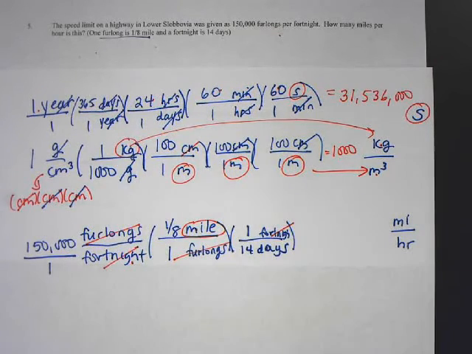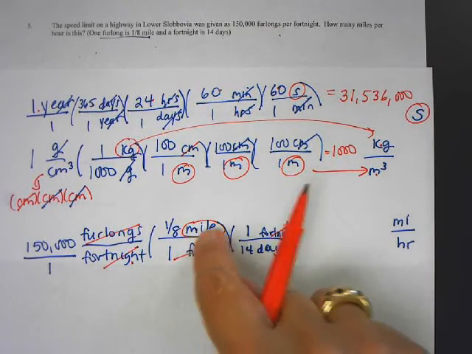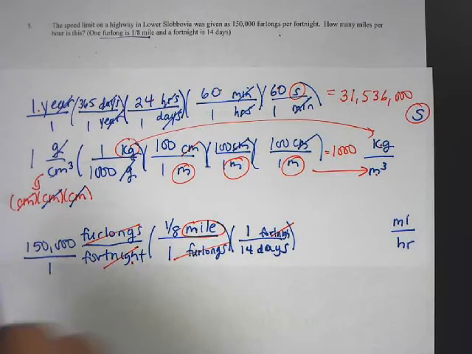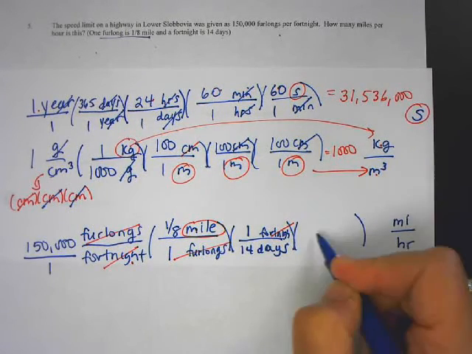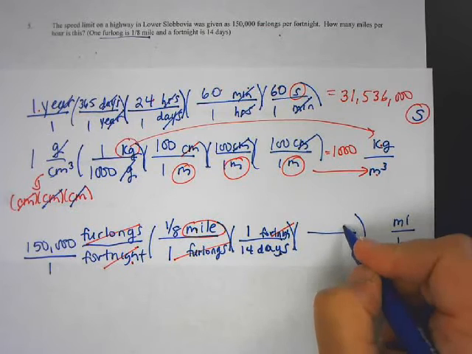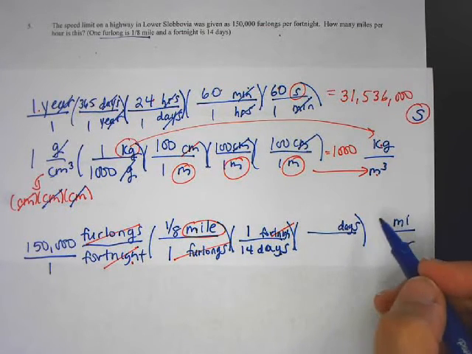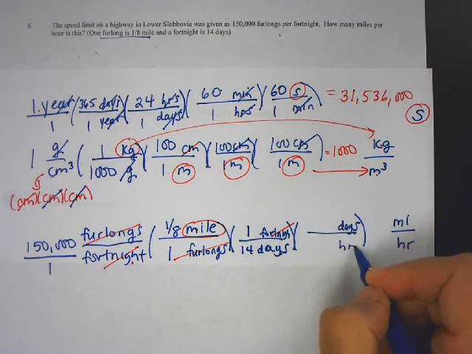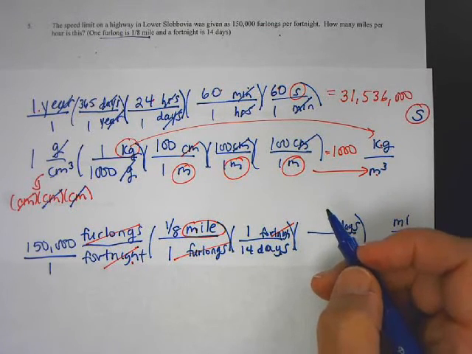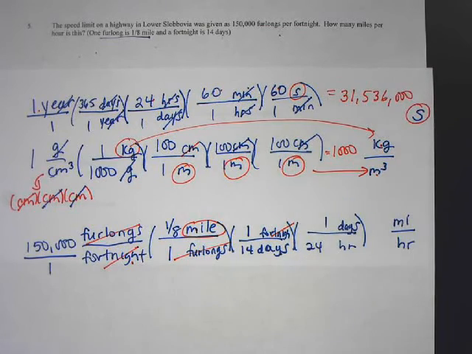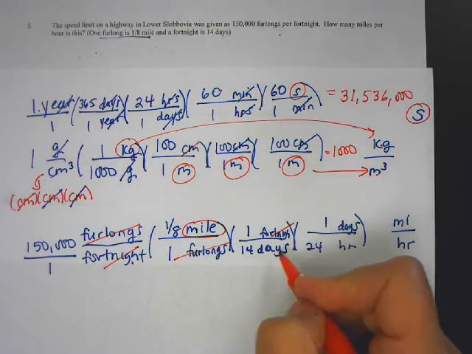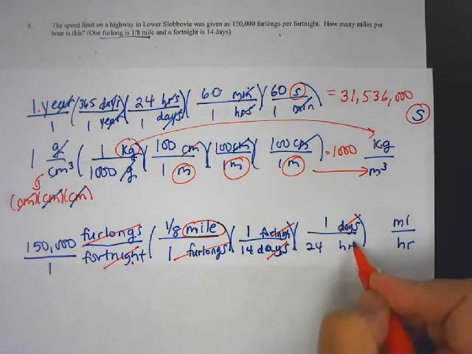So now I have miles per day, but I want miles per hour. So what I do is, if days is in the denominator, I put it in the numerator. And I want to go from days to hours, and I know that there are 24 hours in one day. So now this day cancels with that, and I end up with miles per hour.